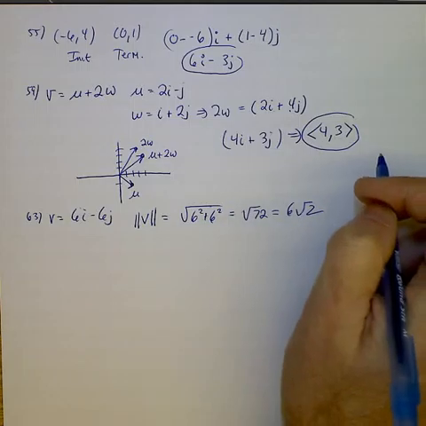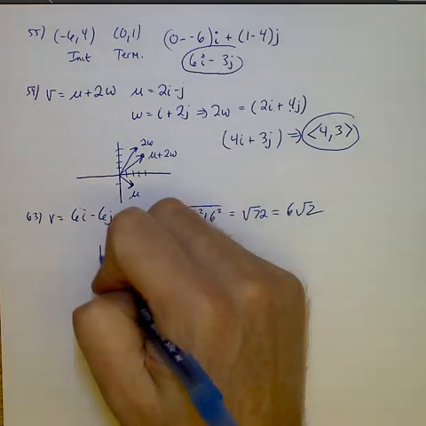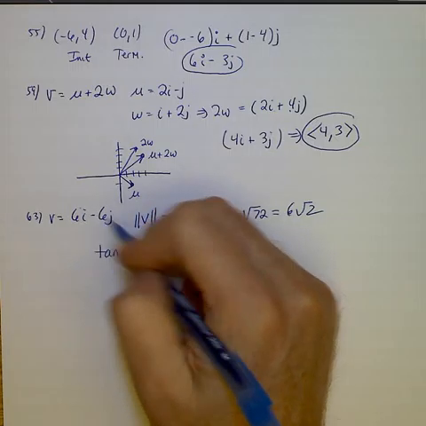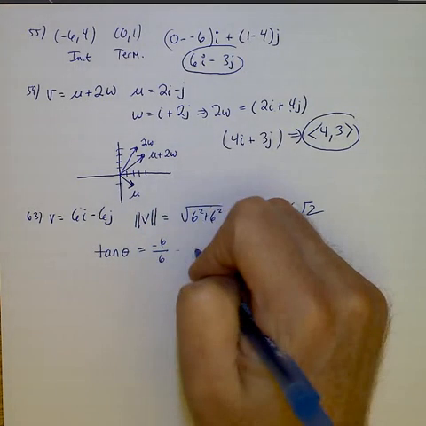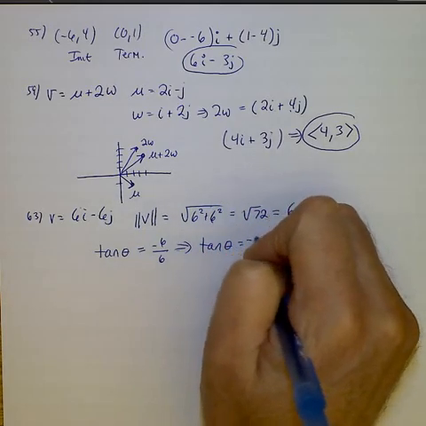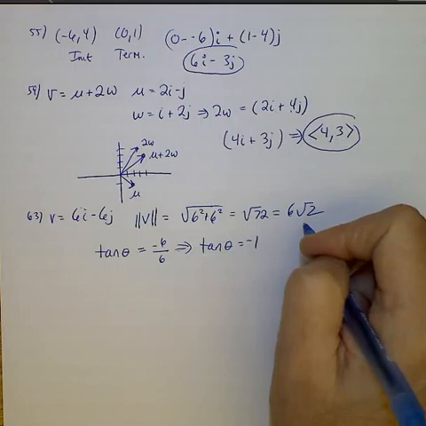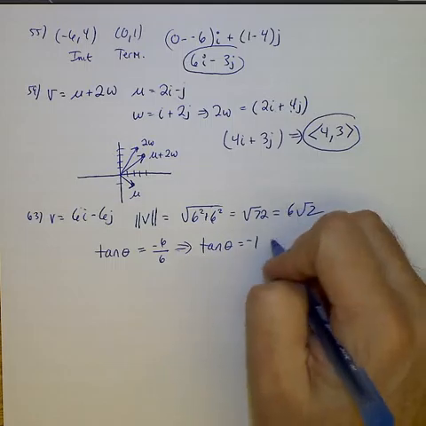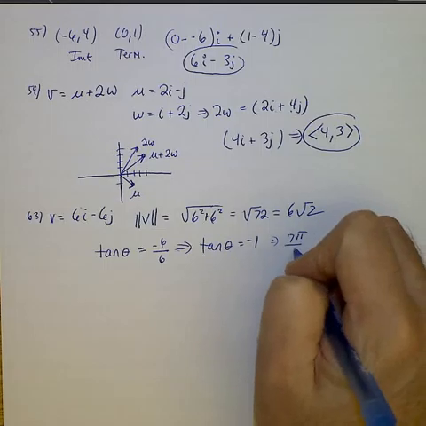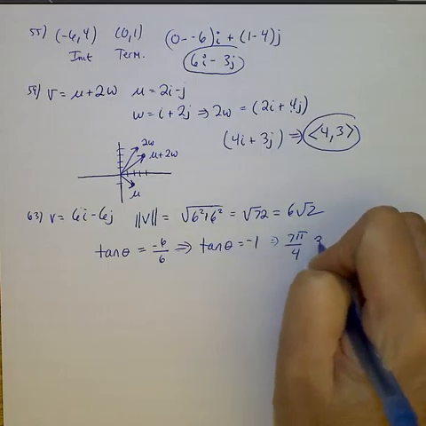And remember, for the angle, the tangent of theta, in this case, is going to equal negative 6 over 6. The tangent theta is equal to negative 1. And where is the tangent theta equal to negative 1? You can build your triangle, but you'll get 7 pi over 4, which is 315 degrees.